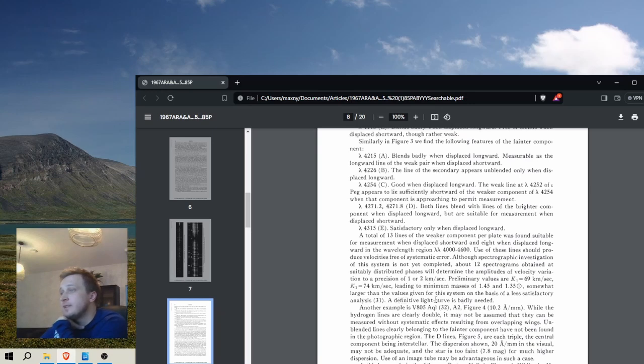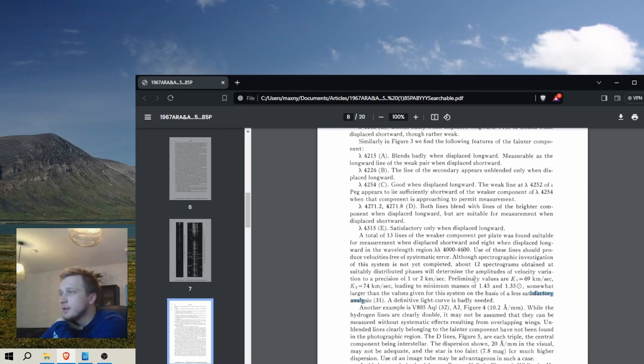A definitive light curve is badly needed. Okay, so I don't know if he means that we need a light curve because it's larger than the analysis that was done before, so he wants a light curve because they differ.